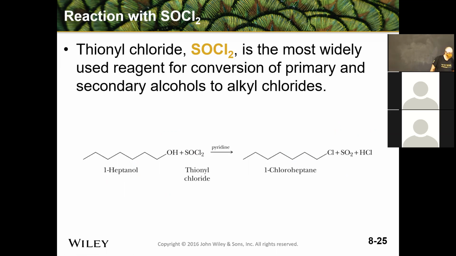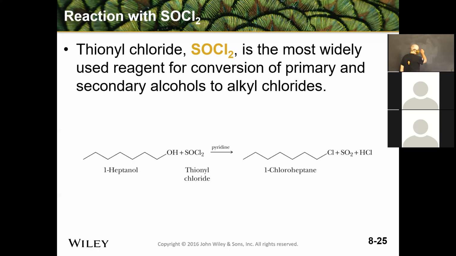Another way of converting alcohols to alkyl halides is to use this reagent called thionyl chloride, SOCl2. We can take an alcohol and react it with thionyl chloride. Pyridine, let me draw the structure of pyridine.